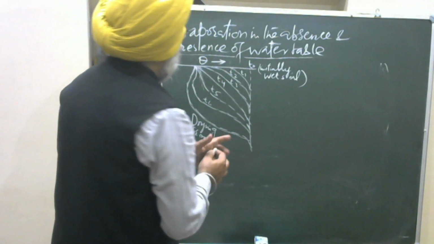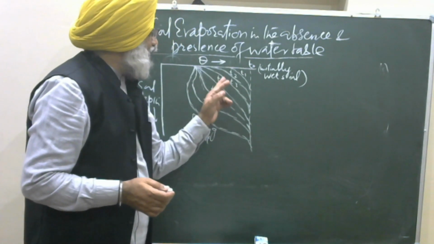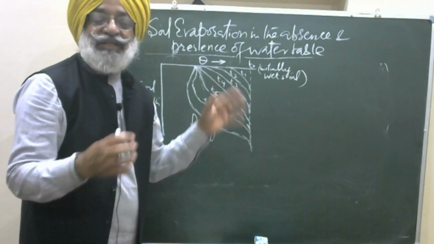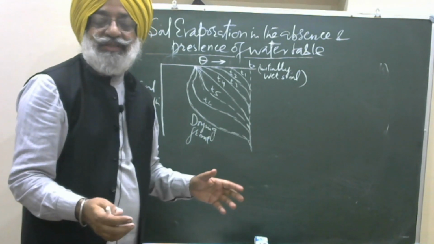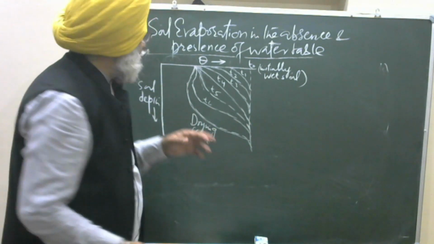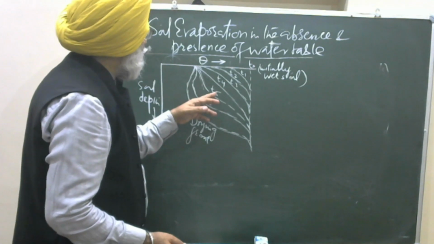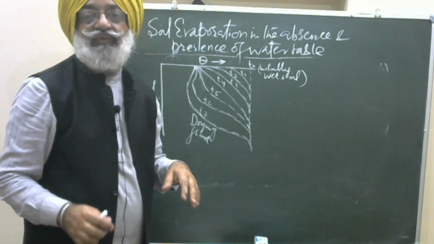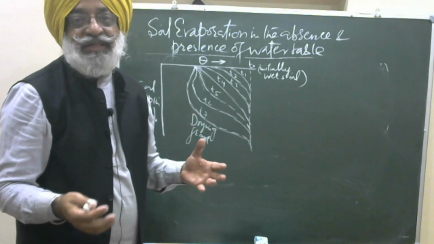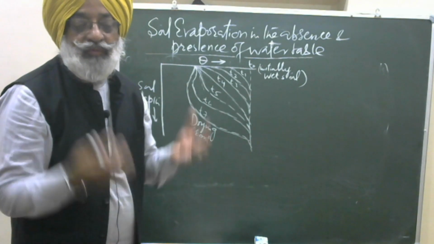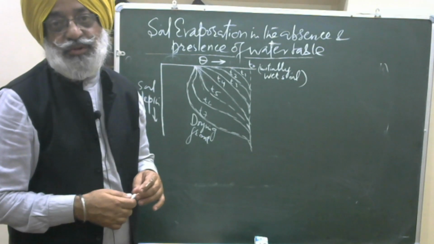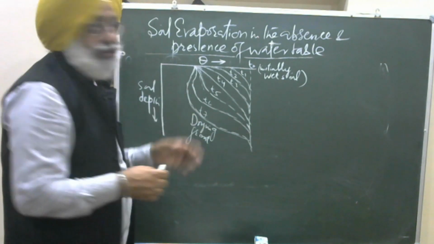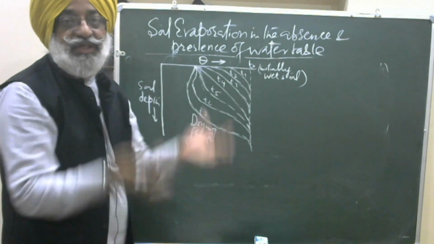During the initial stages, t1 to t4, it depends upon the meteorological conditions, the evaporative demand of the atmosphere, and from t4, t5, t6, t7 onwards, it depends on the profile characteristics, the water transmission characteristics, how the water is transmitted.